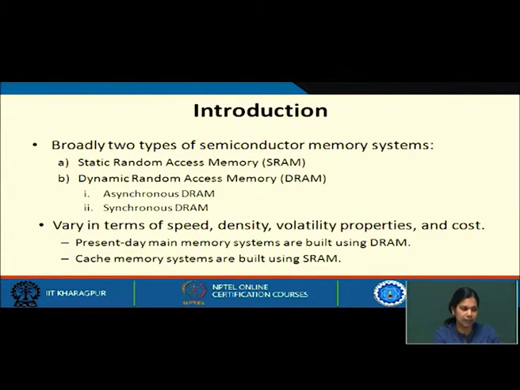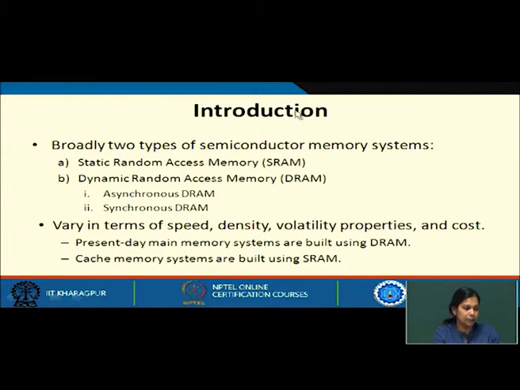Volatility means how long the data will be retained. If power supply is given, static RAM will retain its data, but in the case of dynamic RAM, even if you have supplied the power, the data will not be retained. You have to do periodic refresh to keep the data.